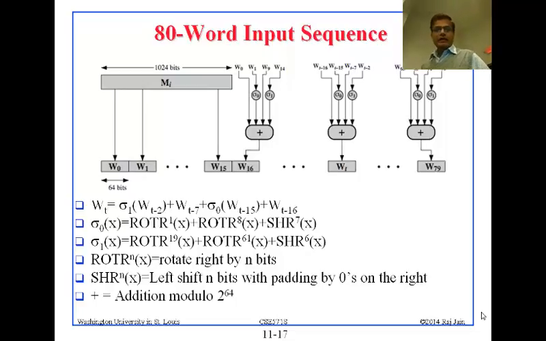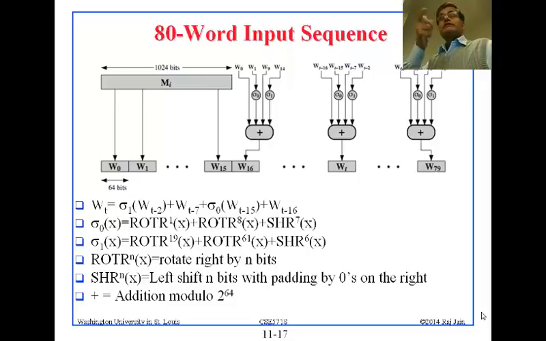So sigma 0 means rotate right by 1 bit x, and then rotate by 8 bits x, and then shift right SHR by 6 bits. Here it is 7 bits.